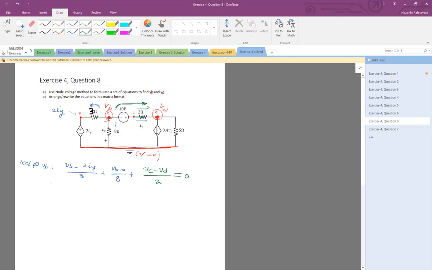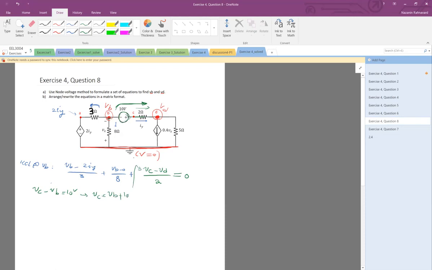So we have 3 branches and 3 equations. But VC and VB, as you see, have a voltage source between them, so they're related. Looking at this 10 volt source, VC minus VB is equal to 10 volts. Therefore VC is VB plus 10, and you can just replace it here.